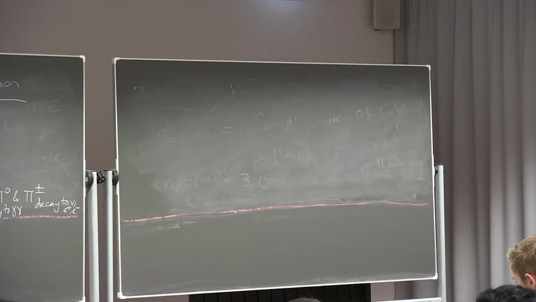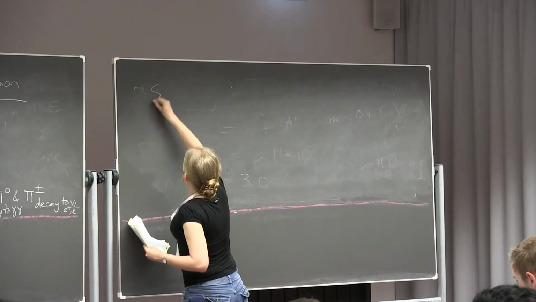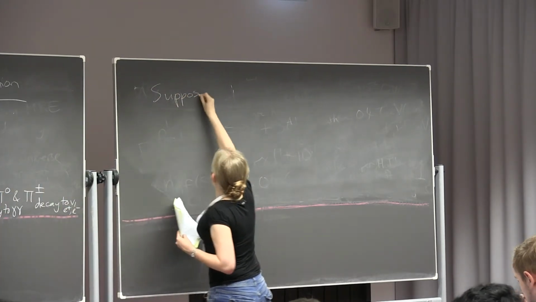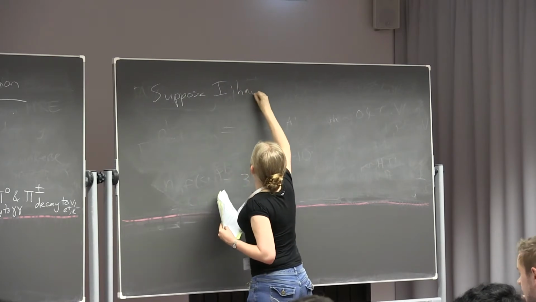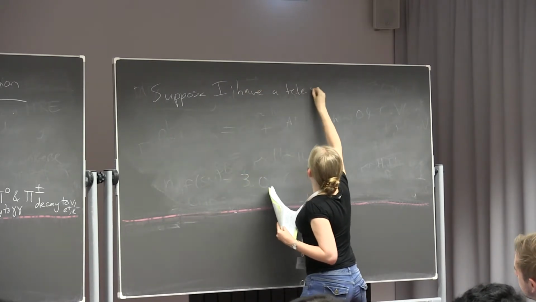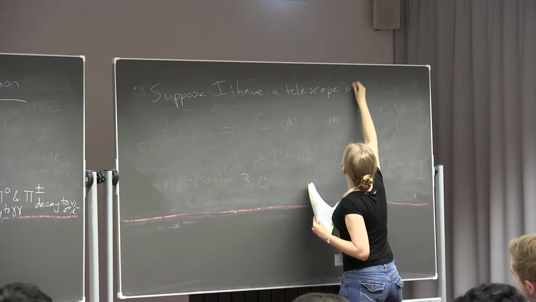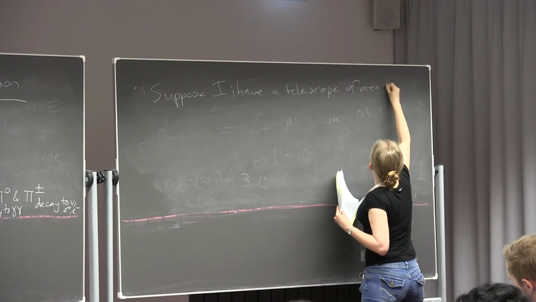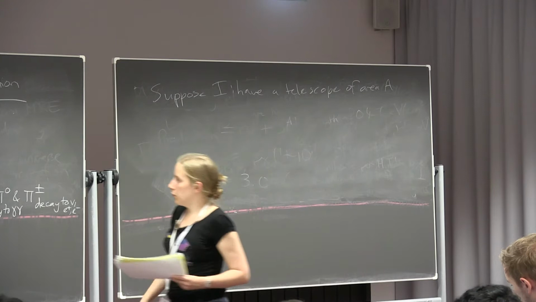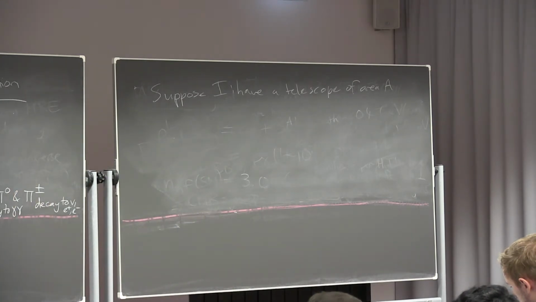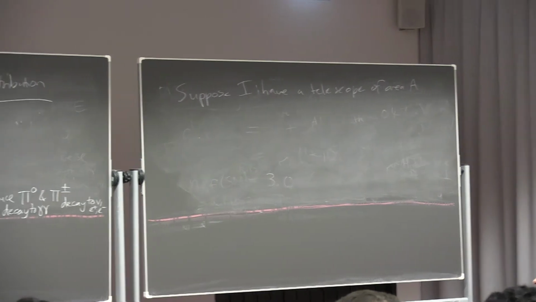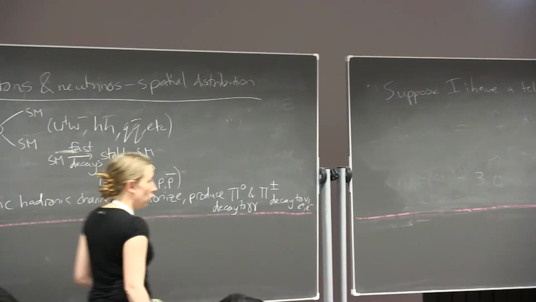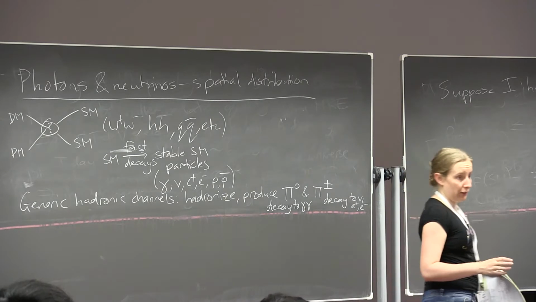So, let's suppose I have a telescope of area A. Let's suppose, furthermore, that all of these decays, when the dark matter produces standard model particles and those standard model particles subsequently decay to produce the things that we're actually going to look for, are very fast on an astrophysical scale.